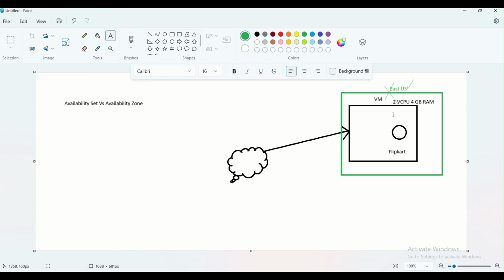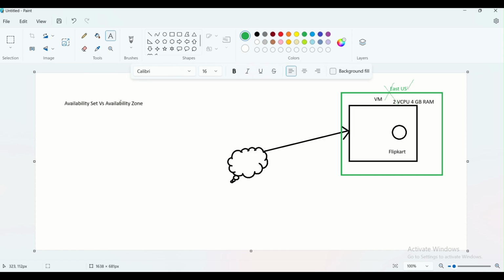We can't expect when it will happen. But we have one control in our hands, that is to maintain disaster recovery. If something happens, then immediately the other thing needs to be available. So you need to design one mechanism, and that disaster recovery purpose will be served by the availability set and availability zone concept.